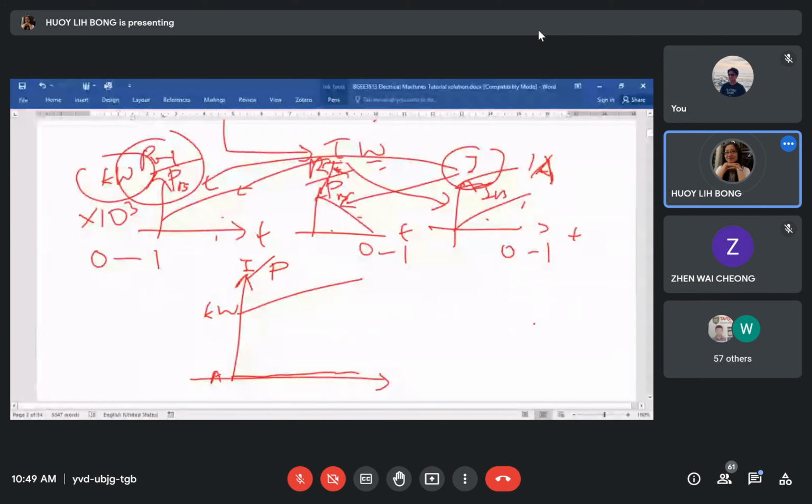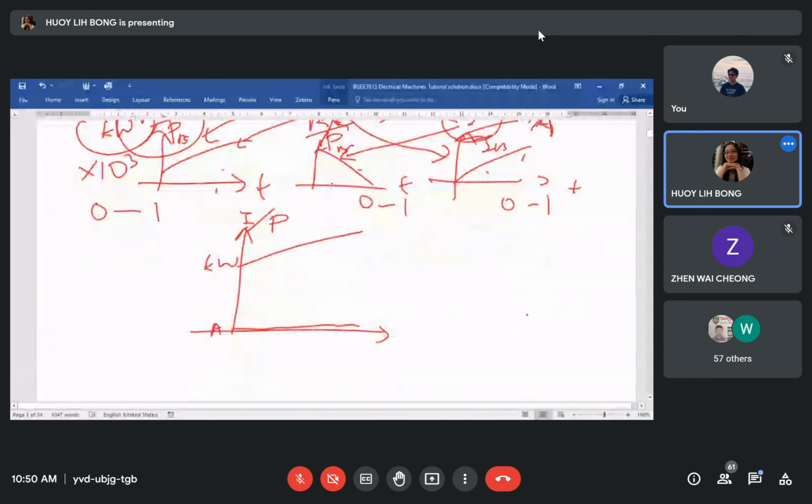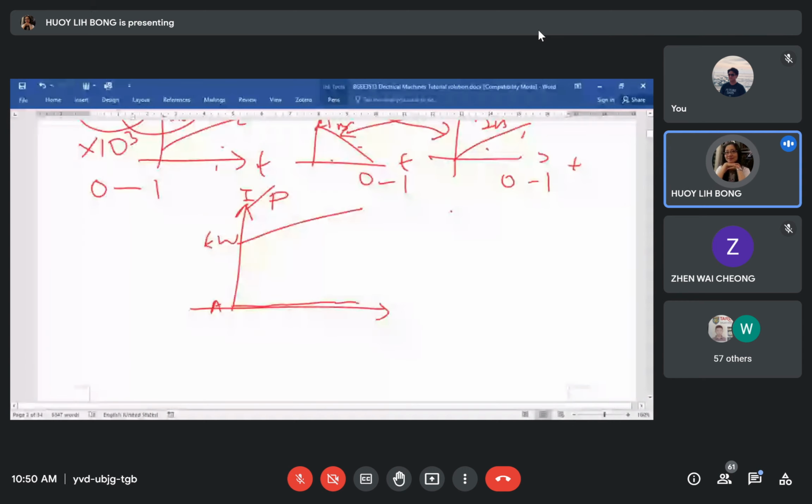So if they are all within the same range, which is 0 to 1, I can plot my per unit current, per unit power, the torque, or if it's against torque, then you don't have to plot the torque. The speed, if it's in the lab, you use the RPM, also in per unit.